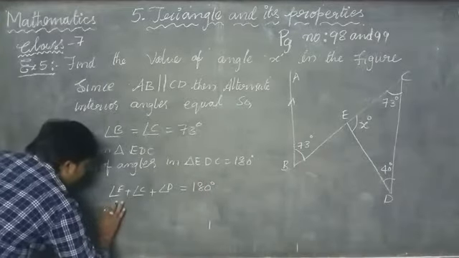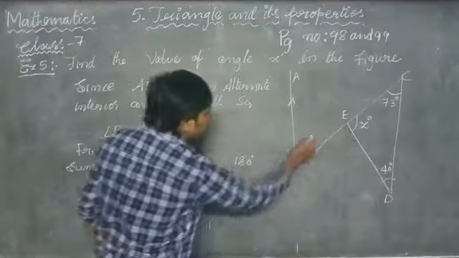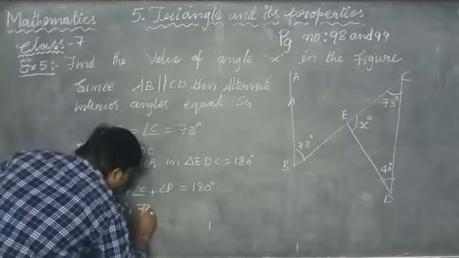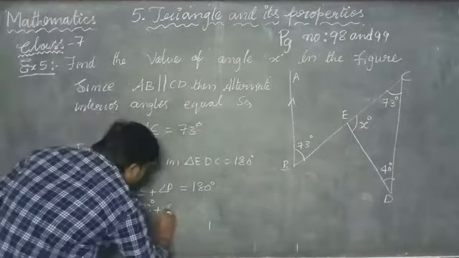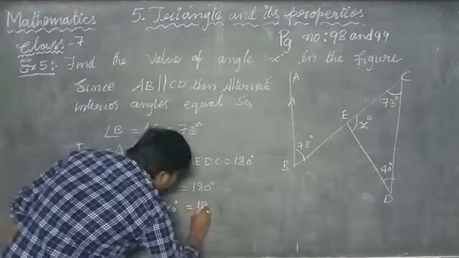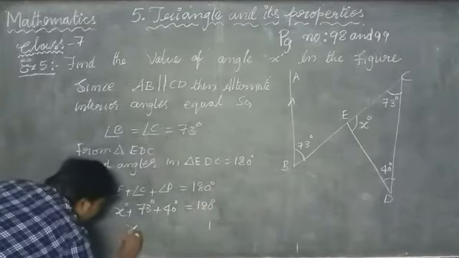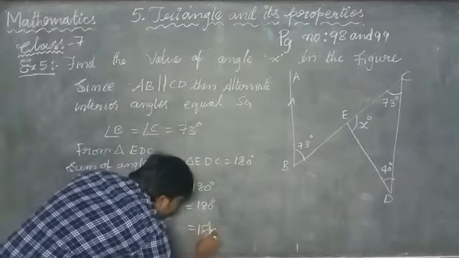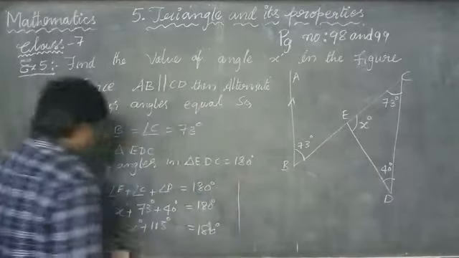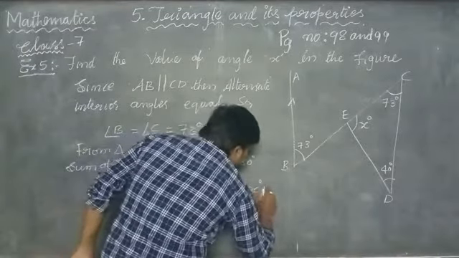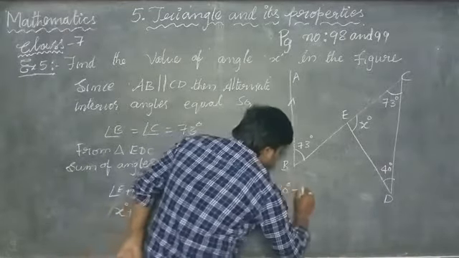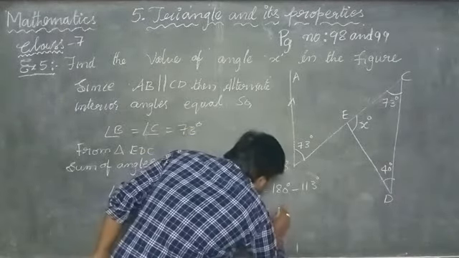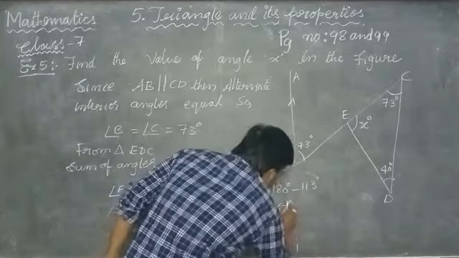Here angle E is x degrees plus angle C equals 73 degrees plus angle D equals 40 degrees, equals 180 degrees. Then x degrees plus 113 degrees equals 180 degrees. Then x degrees equals 180 degrees minus 113 degrees. Then x degrees equals 67 degrees.